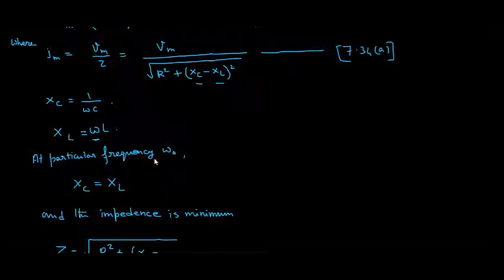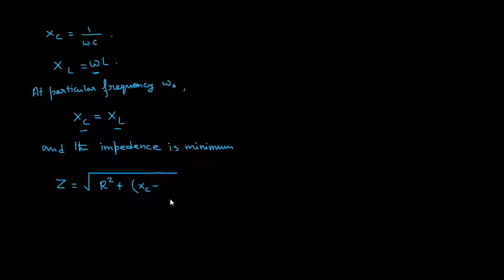So here we'll write Xc minus Xc whole square. That means Z is equal to under root R square plus 0, since Xc minus Xc is 0 whole square, that is 0. Therefore Z is equal to R.